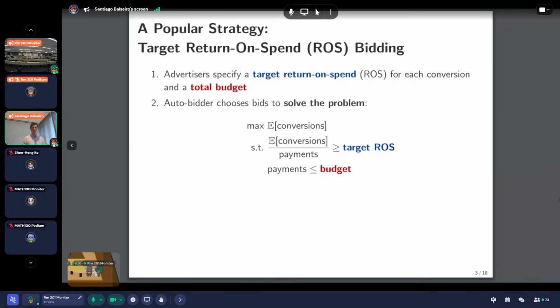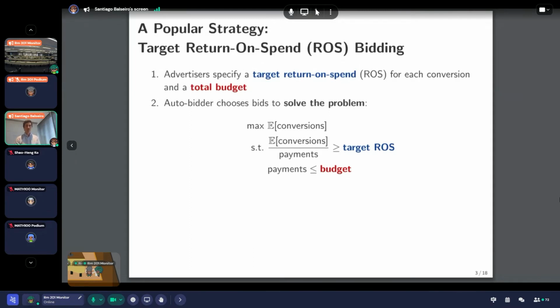First, the return on spend, the total number of conversions over the payment, is above the target. And the other one is that the payments are below the budget. And these constraints work well together because the budget constraint limits your exposure, how much you pay, and the target return on spend guarantees that you get a good bang for the buck.